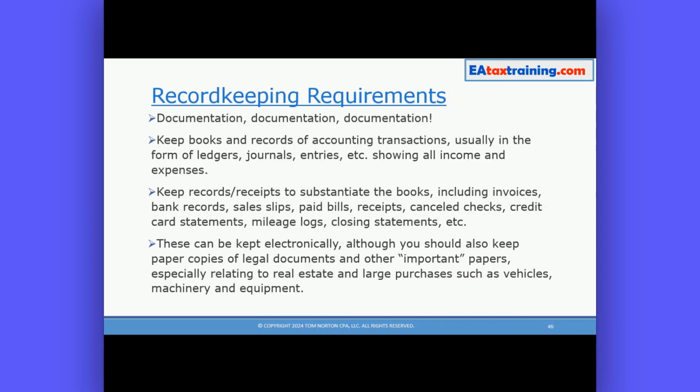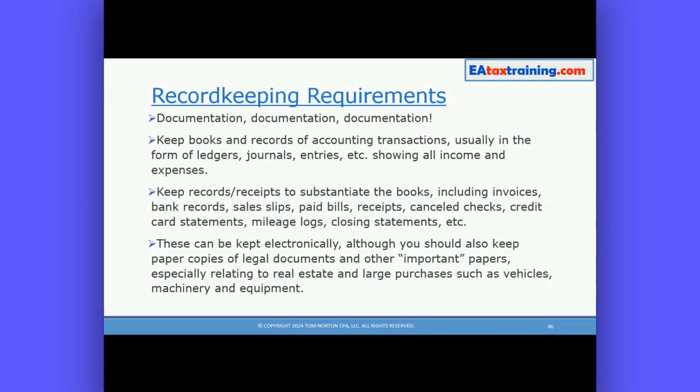Record keeping requirements. As it says there at the top, documentation, documentation, documentation. You need to keep books and records of your accounting transactions. Those will usually be in the form of ledgers, journals, entries, etc., showing all of your income and expenses.